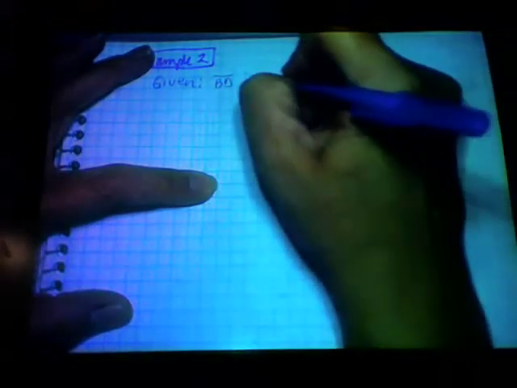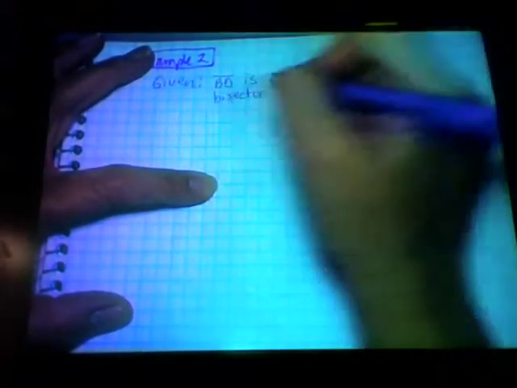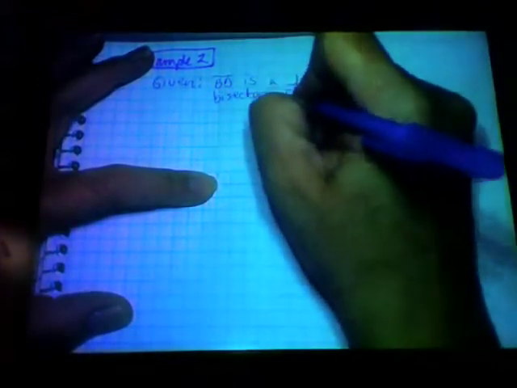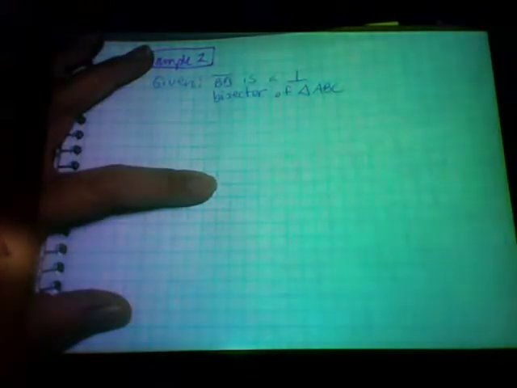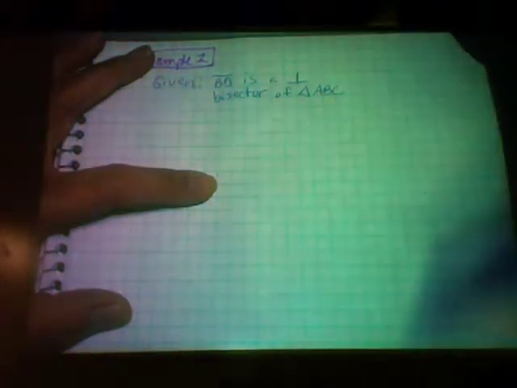Here's your given. I want you thinking what you can conclude from this given. Segment BD is a perpendicular bisector of triangle ABC. So isn't that something from yesterday?